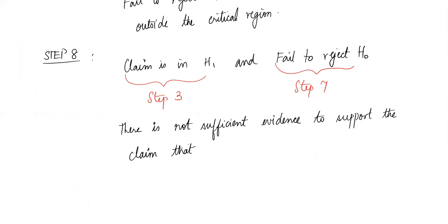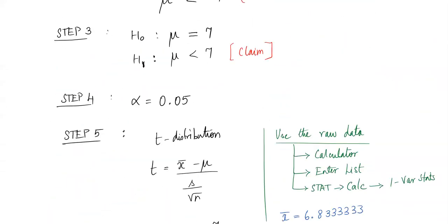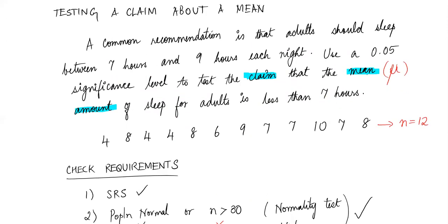So what was the claim? Go back to the question. The claim that the mean amount of sleep for adults is less than 7 hours.